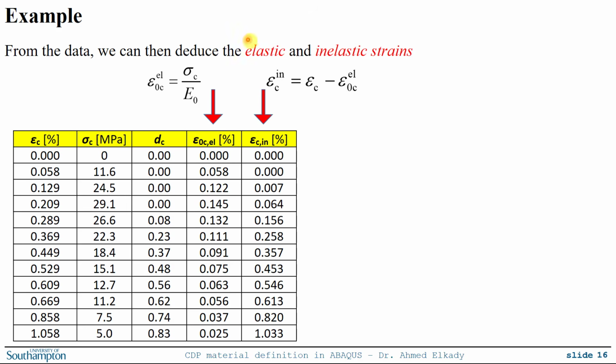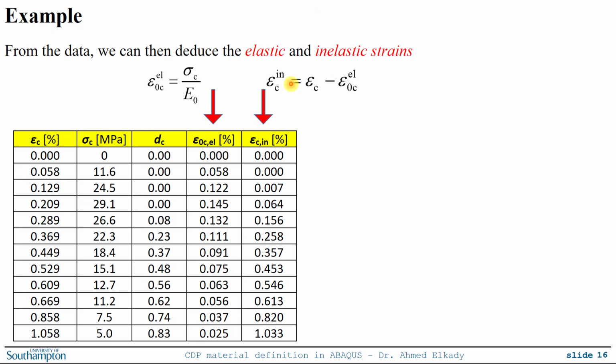The next step would be to compute the elastic and inelastic strains. The elastic strain can be computed straightforwardly: you take the stress, divide it by the modulus of elasticity, and then you get the elastic strain.